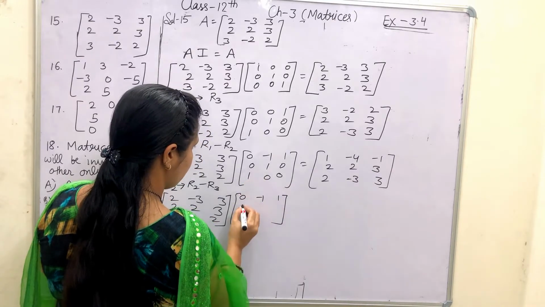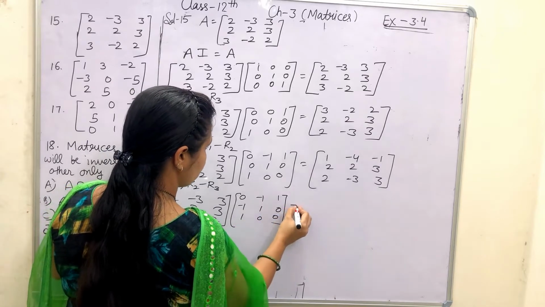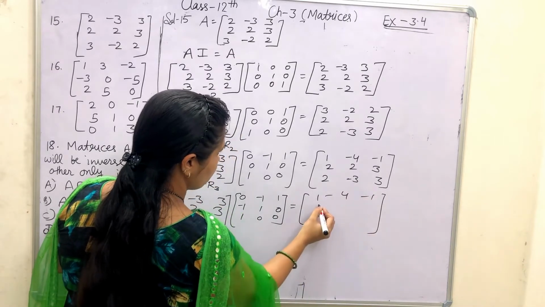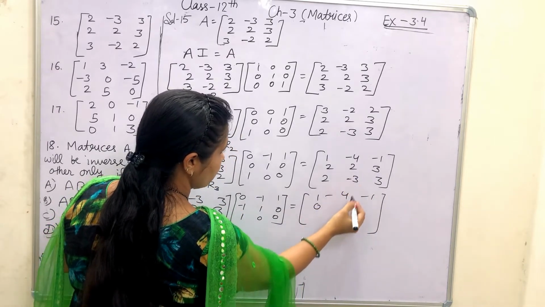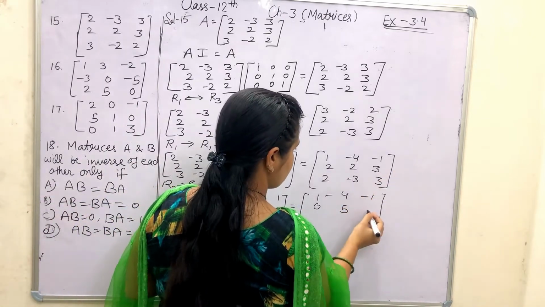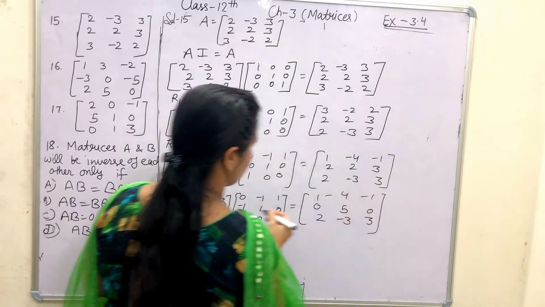R2 minus R3: minus 1, 1, 0, 1, 0, 0, 1, minus 4, minus 1, 0, 2 minus minus 3 is plus 5, and 3 minus 3, that is 0. 2 minus 3 and 3.